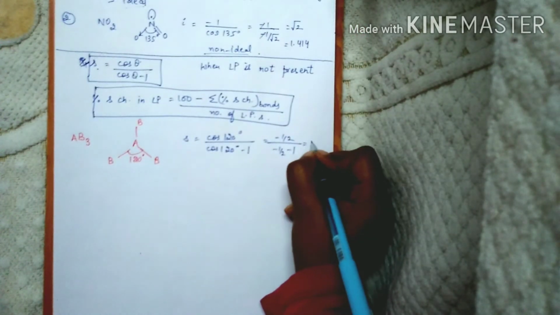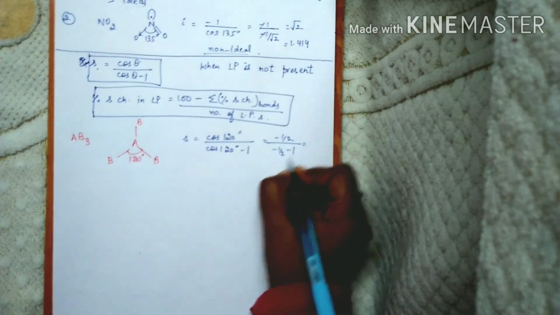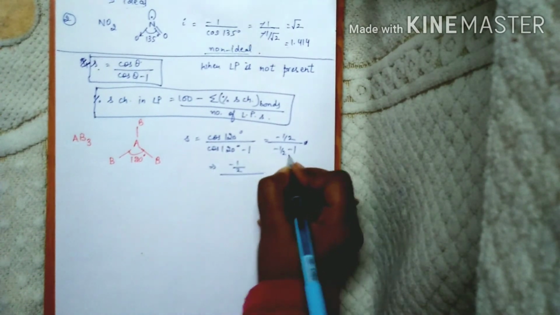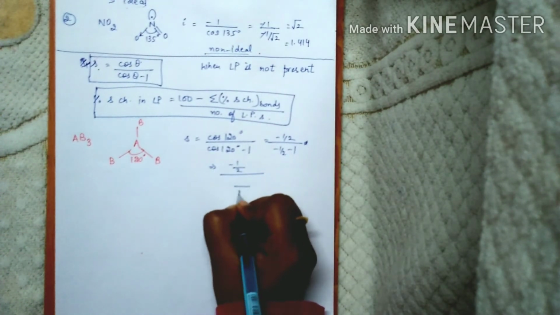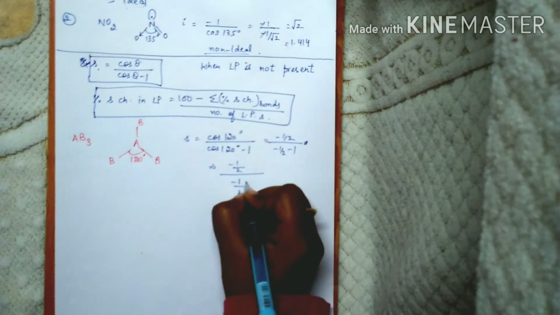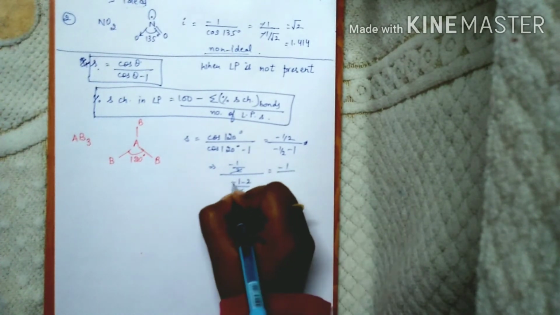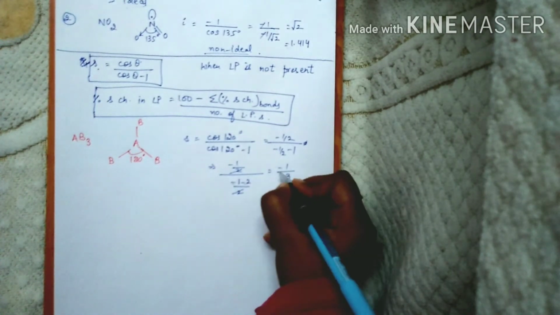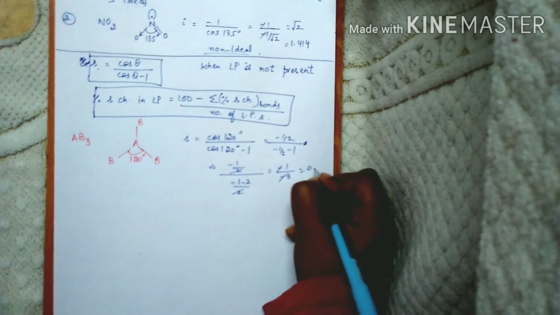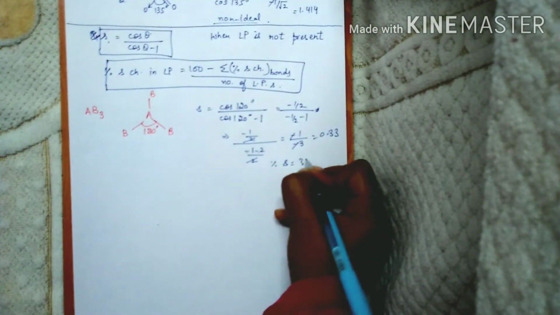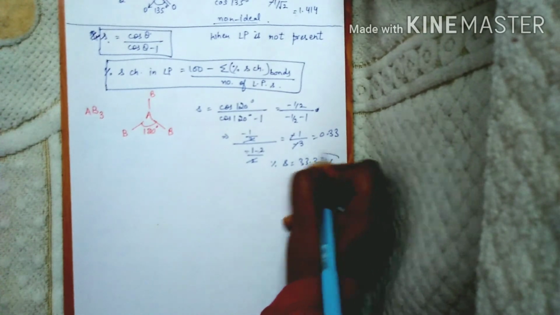Taking the LCM, 2 minus 1 minus 2, cancelling out, we get minus 1 upon minus 3, which is 1 by 3, that is 0.33. S character is 0.33, or percentage S character is 33.33%.